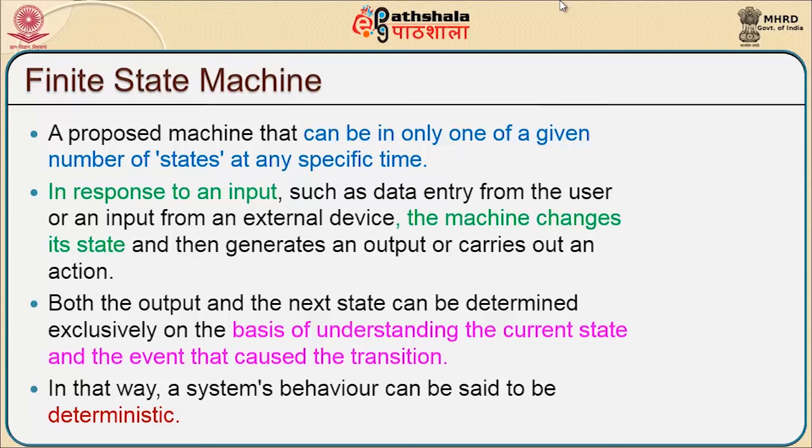In response to an input, such as data entry from the user or an input from an external device, the machine converts these inputs into other states and then generates an output or carries out an action. Both the output and the next state are determined exclusively by the current state and the event that caused the transition. In this way, the system's behavior can be said to be deterministic.